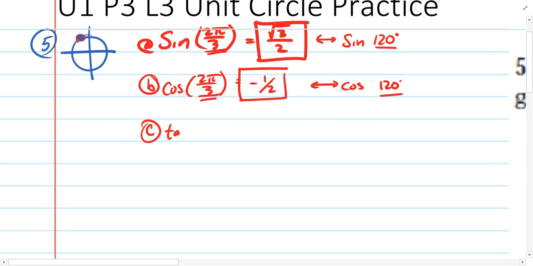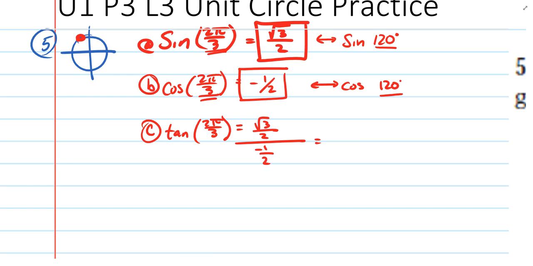For part C, we're being asked to evaluate tangent at 2 pi over 3, and I know that that's going to be our y-coordinate divided by our x-coordinate. Maybe I'll give myself a little bit more room to work. So we've got radical 3 over 2 divided by negative 1 over 2. As it turns out, these 2's that are both in the denominator of the fraction will cancel.